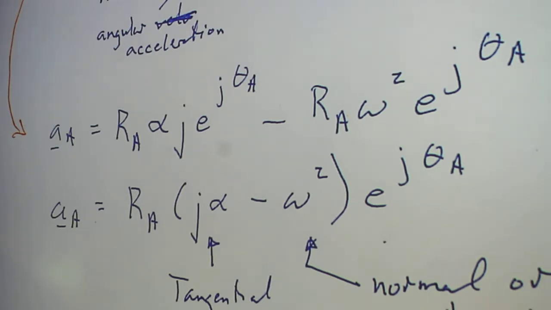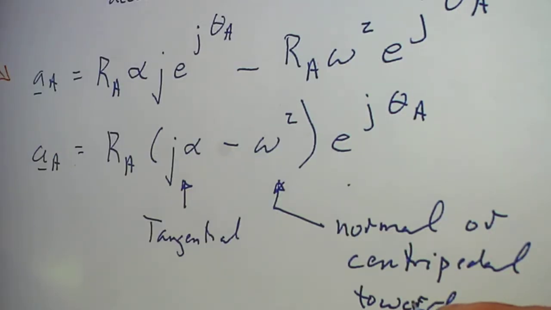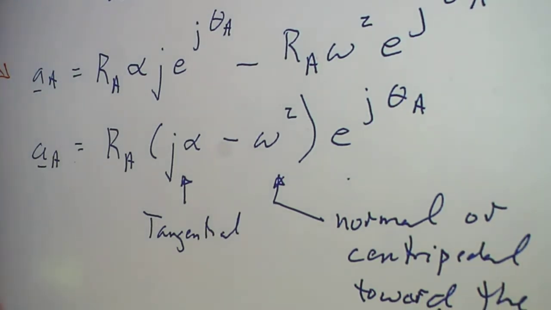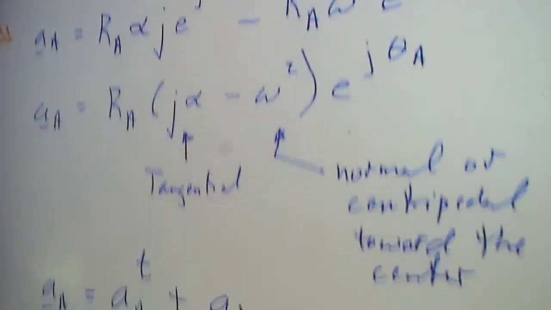Toward the center. So that's the toward the center component, and I'll illustrate that in a second. So let me just kind of finalize this. So acceleration of A equals A tangential plus A normal.